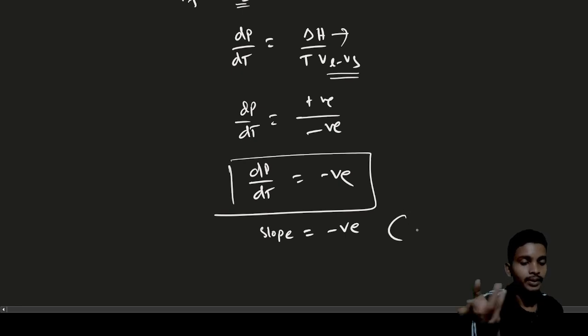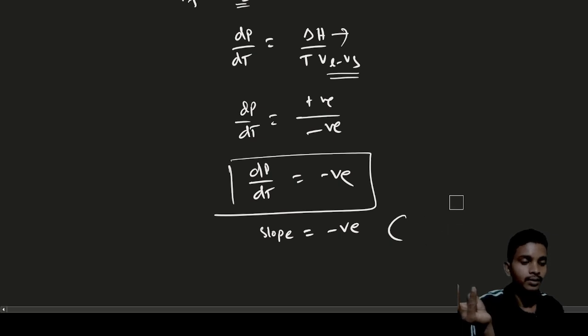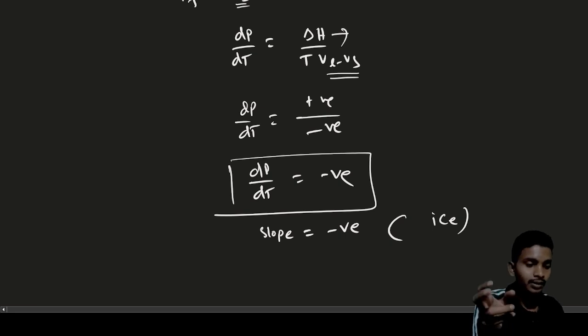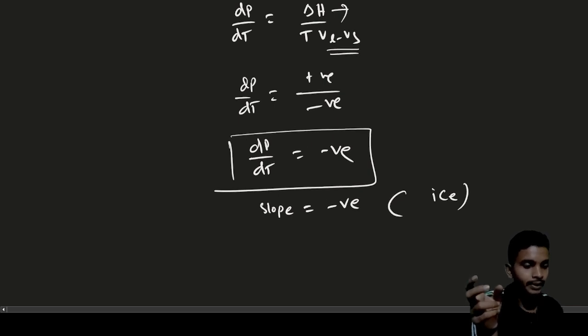This negative slope comes from whenever you are taking ice, etc. It means dp by dt is negative.